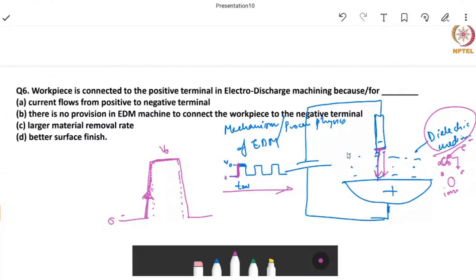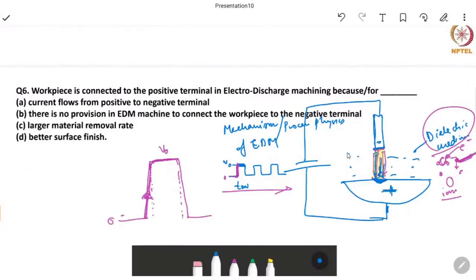Now, most of this material removal is taking place by the impingement of electrons, which flow at high velocity from this negative terminal to the positive terminal. Electrons, as well as some negative ions formed from this dielectric medium, and the positive ions, go towards the cathode and hit it.